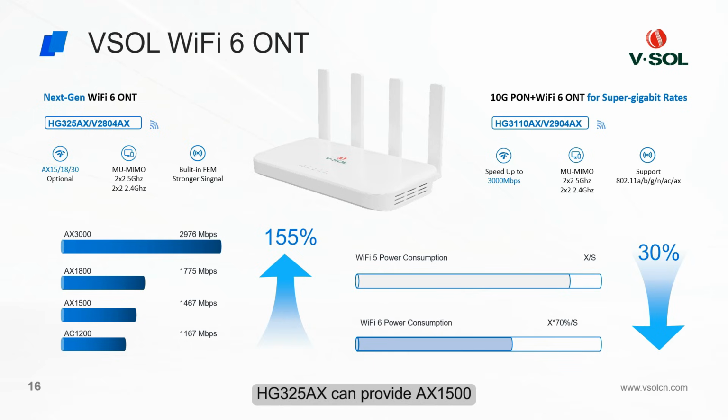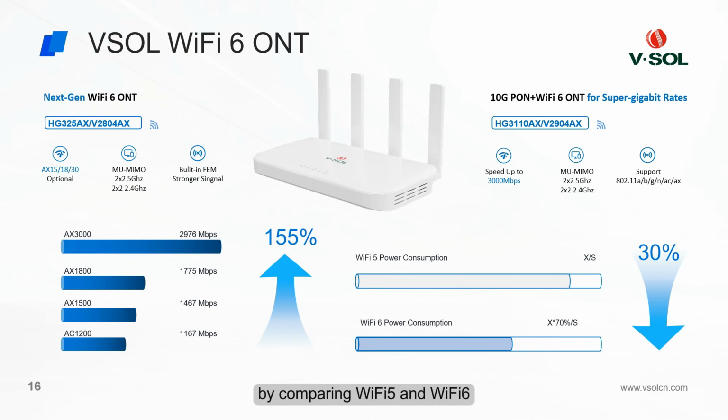Among them, HG325AX can provide AX1500, AX1800, and AX3000 Wi-Fi, with MU-MIMO, 2.4G and 5G receiving and sending separately, and a built-in FEM for stronger signal. HG3110AX is a high-performance device that only provides AX3000 Wi-Fi.